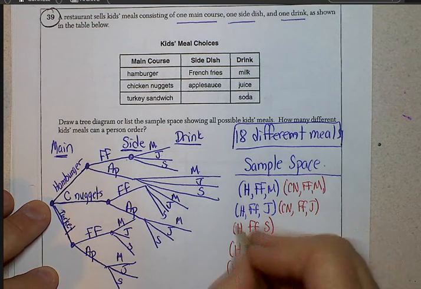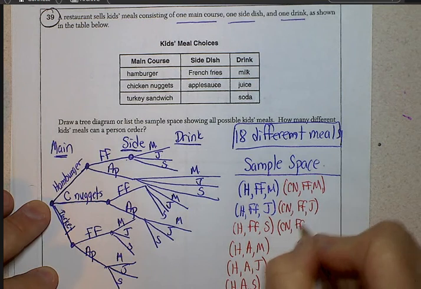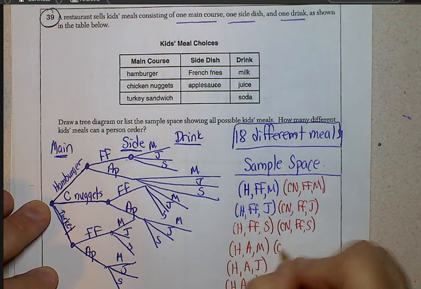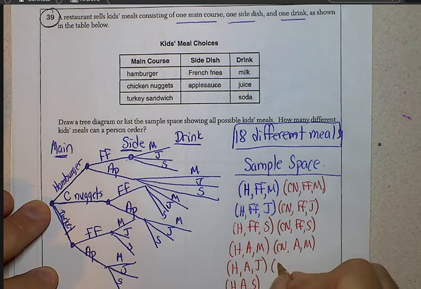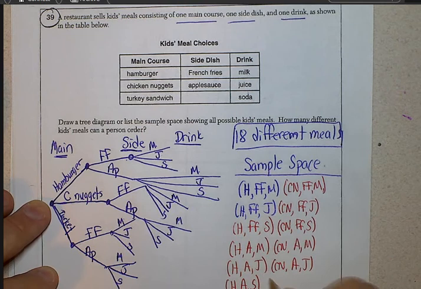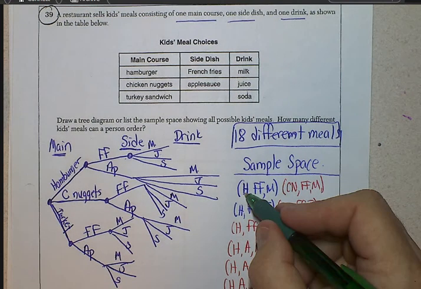All I'm doing is replacing the hamburger with chicken nuggets and copying each of the other ones down. Chicken nuggets, applesauce, milk, chicken nuggets, applesauce, juice, and then chicken nuggets, applesauce, and soda.